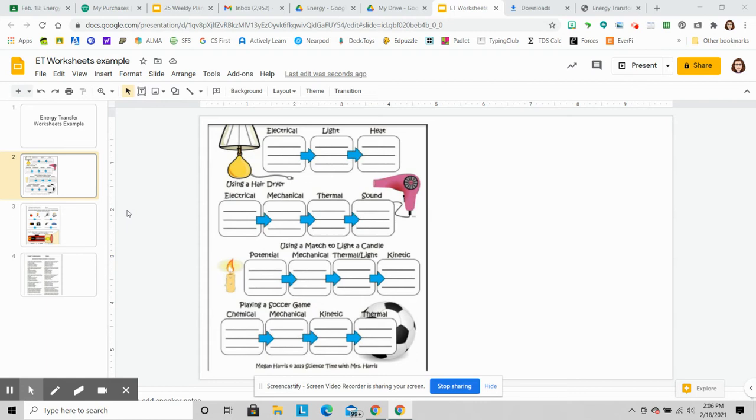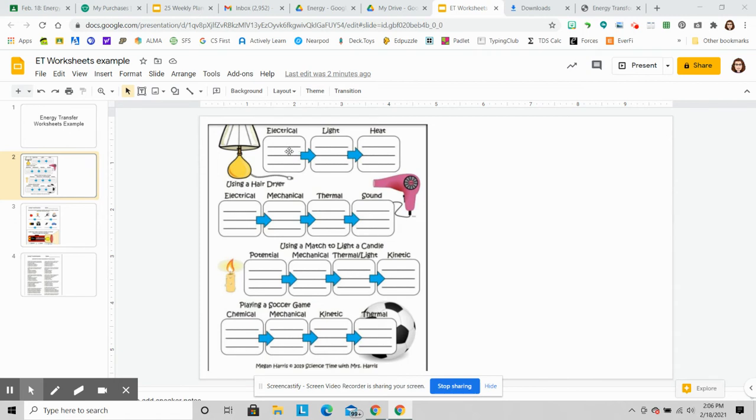So this first page of the worksheet gives you the type of energy that is happening at each step. And what you have to do here on this page is identify what part of plugging in a lamp and turning it on is the electrical energy. What part of having a lamp turned on is light energy, and then what part is the heat energy.